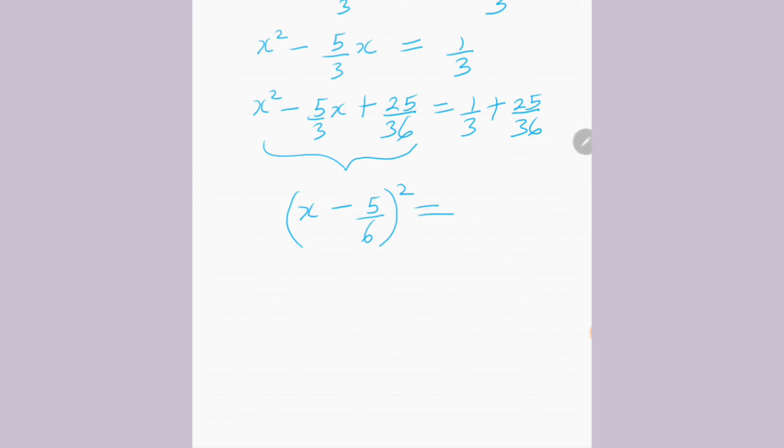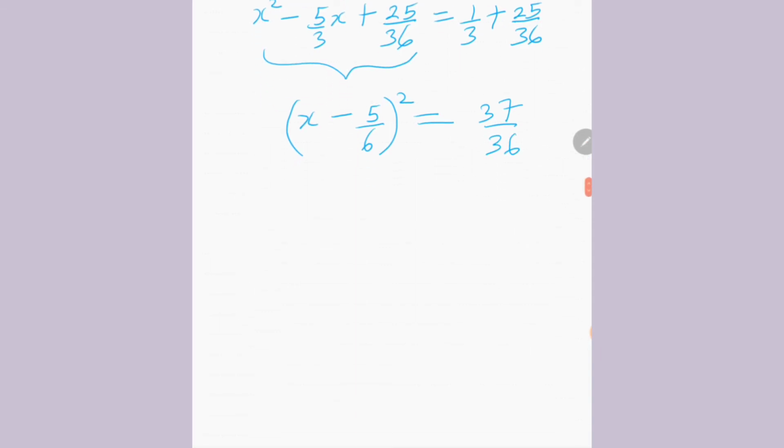Equals, so if I do 1 over 3 plus 25 over 36, what will you get? You are going to get 37 over 36.